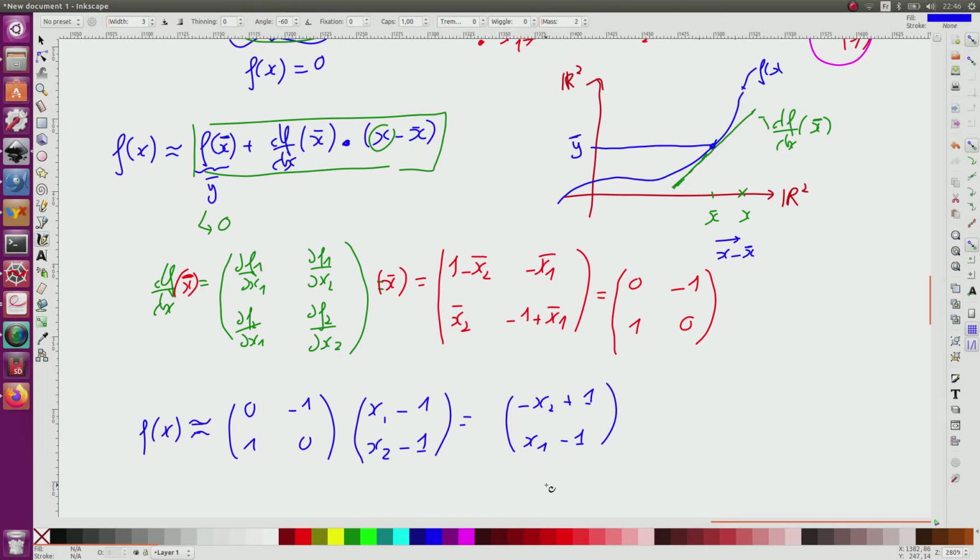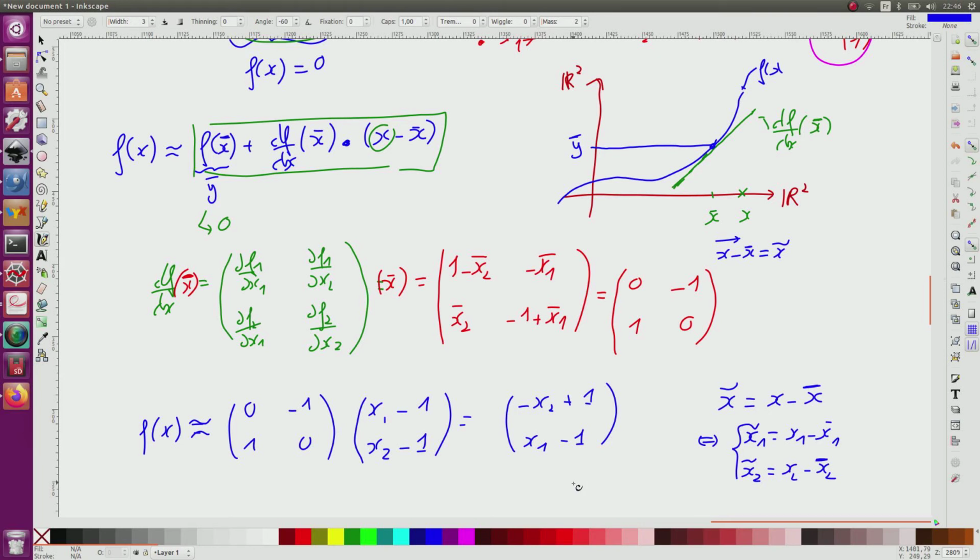This is affine, and if I define the variation x tilde equal to x minus x bar, the variation is this, which is also equivalent to say that x tilde 1 equals x1 minus x bar 1, and x tilde 2 equals x2 minus x2 bar.